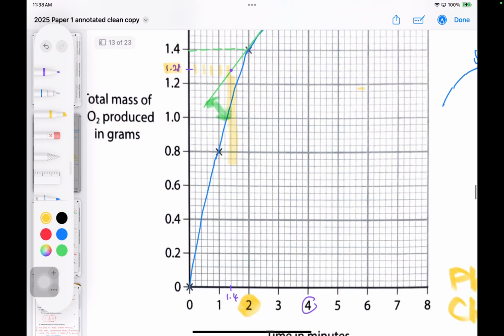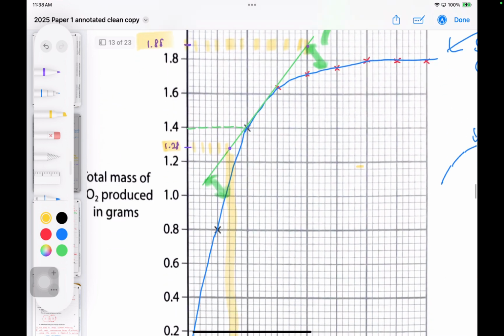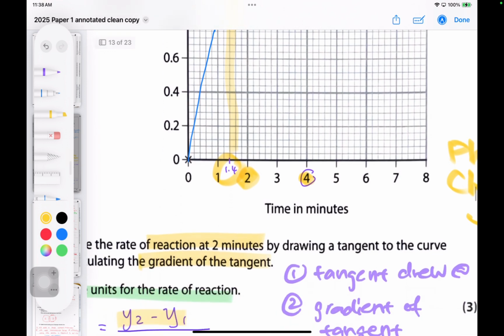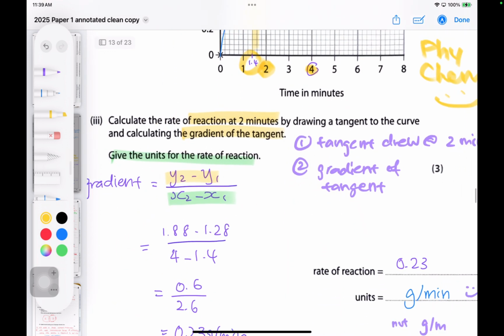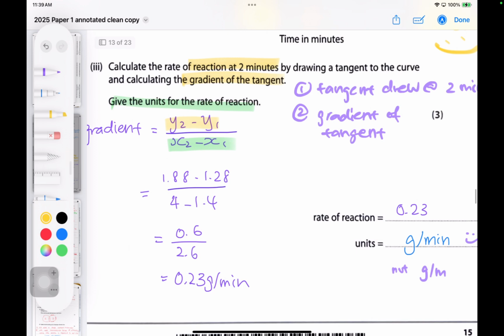Okay, read down, I'll get 1.4. If I read down here very neatly, I like to find this kind of whole number. It just assure me. Okay, and so I end up with this value here, and I just subtract it. I get 0.6 for my y, and the difference of my x will be 2.6. So I end up with the gradient of 0.23.